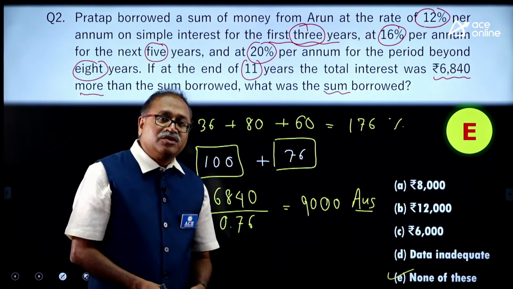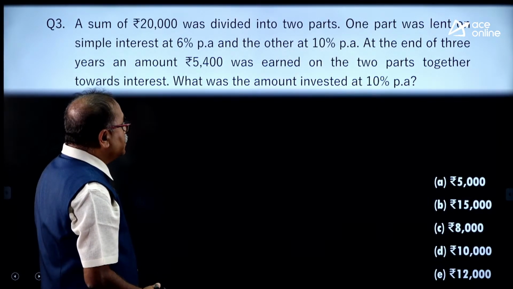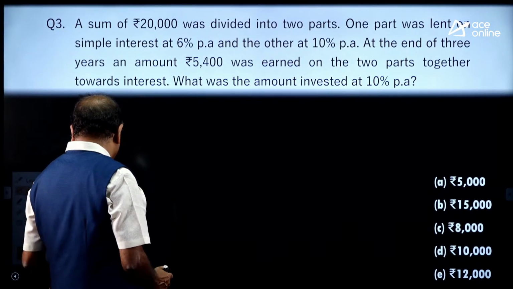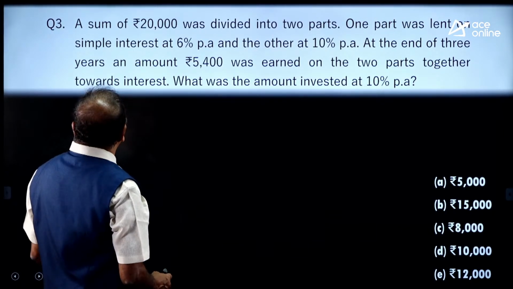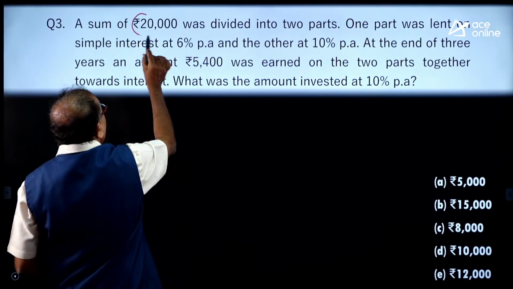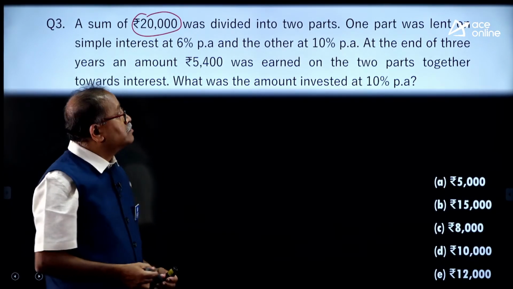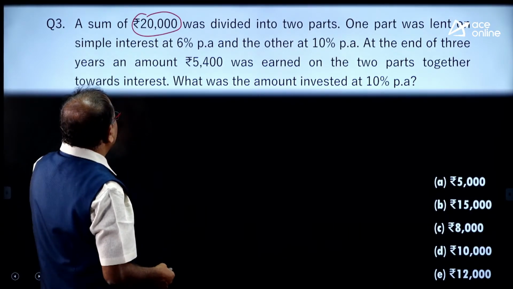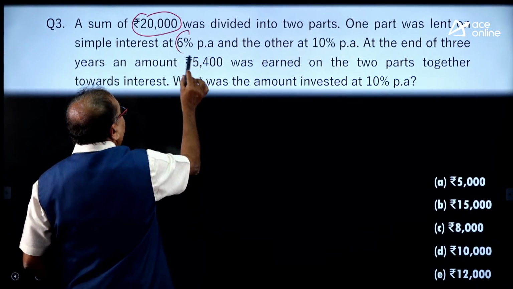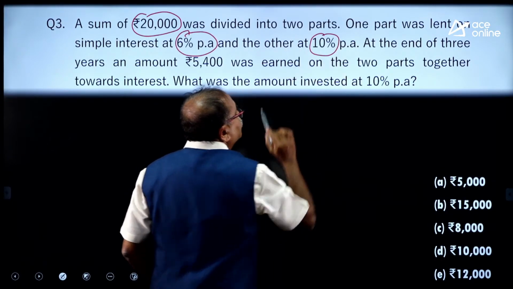The next question on the board is this. Look at this one. What is there here? Let me read down. A sum of rupees 20,000 was divided into 2 parts. One part is lent at simple interest at 6% per annum and the other at 10% per annum.